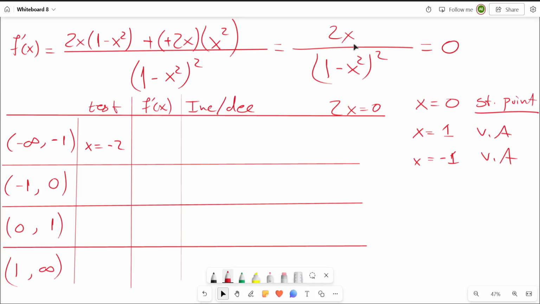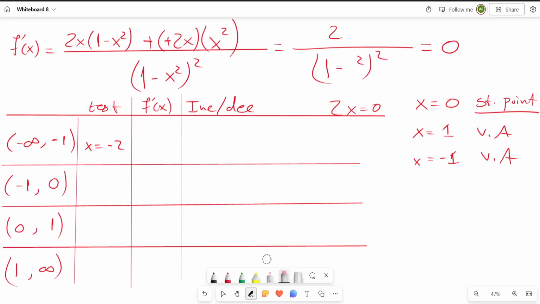So 2 times minus 2 over 1 minus minus 2 squared, to the power 2. I'm basically changing this x and this x over here into minus 2 and minus 2. So this is going to give me a negative answer over here, which means that this part is decreasing.